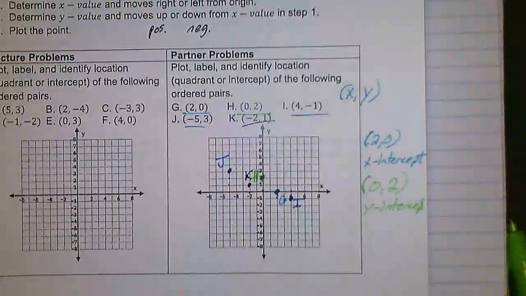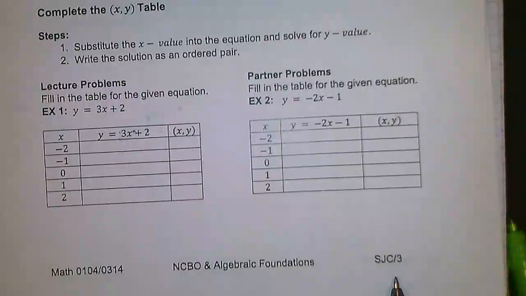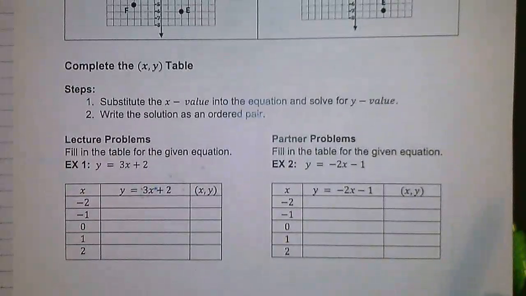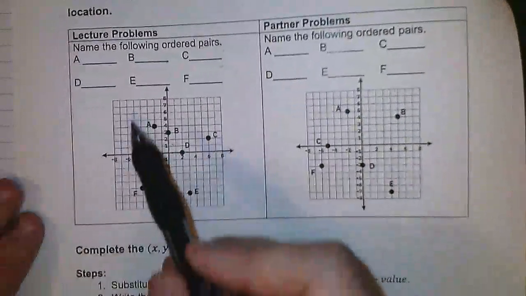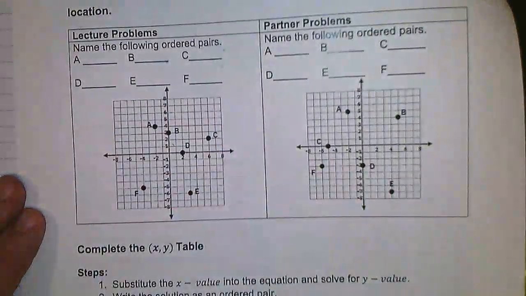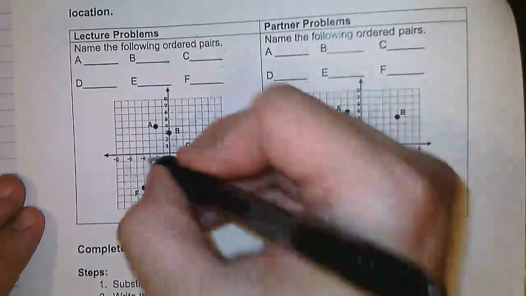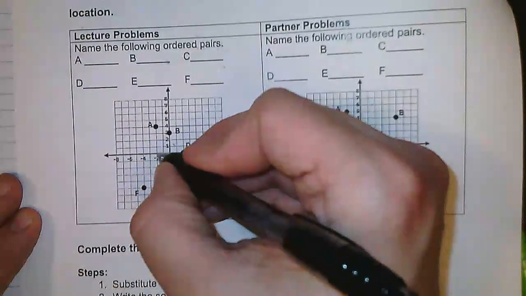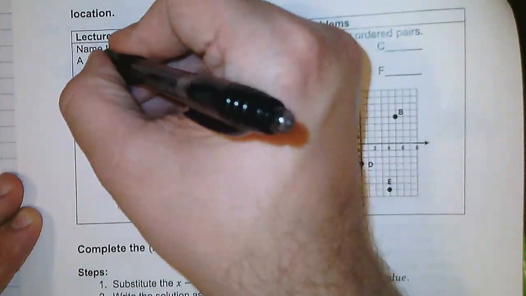And now we will look at using tables. This is on page 3 now of this file. Let me take a look at these real quick. You'll also have problems in which you label the points from a graph. And so point A, for example, if you make a line going down, we would hit the x-axis at negative 2.